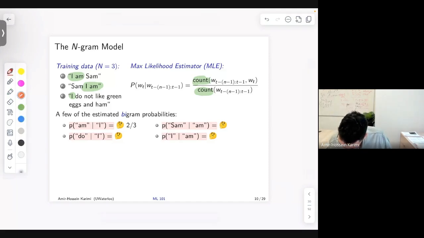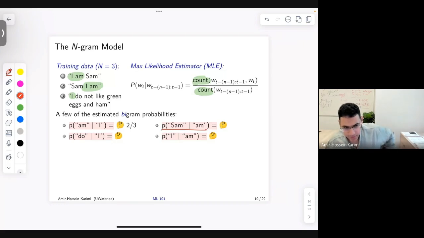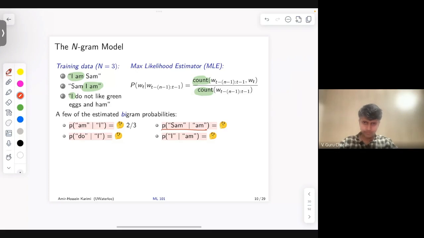So what is the likelihood of P of "Sam" preceded by "am"? 1/3. Any other thoughts?